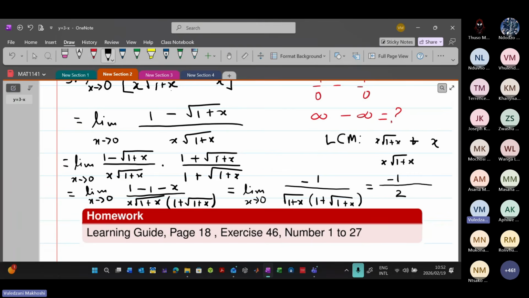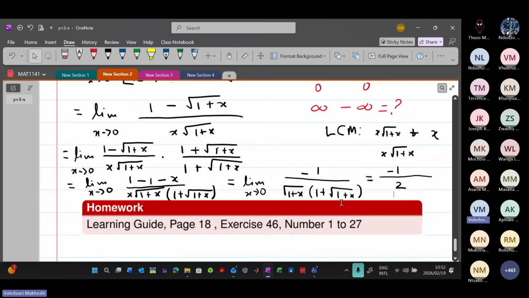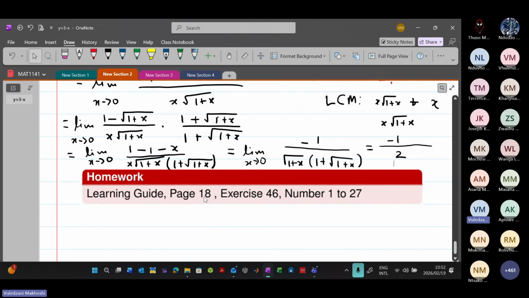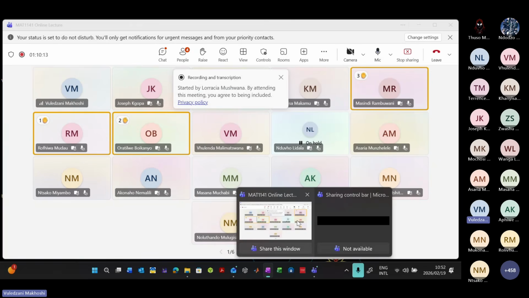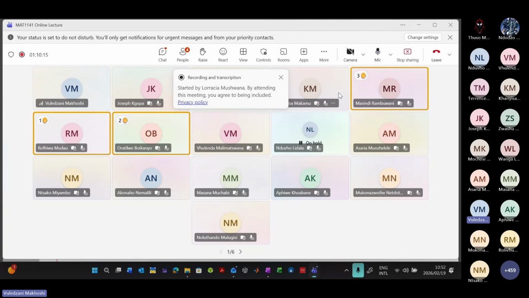There you are. And then I encourage you to look at the exercises on page 18 and 19 on our pamphlet. You look at exercise 46, you can do 1 up to 27. And then if you do that, you will have a good foundation on which we are going to build.